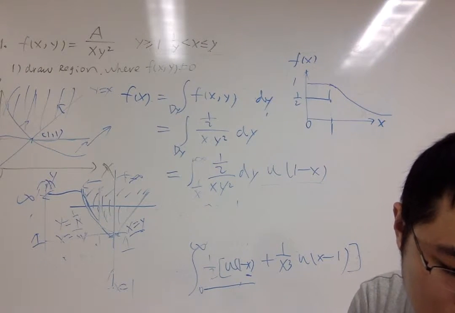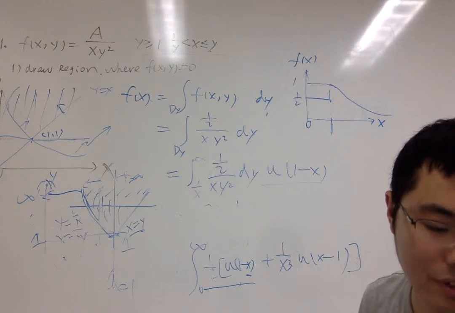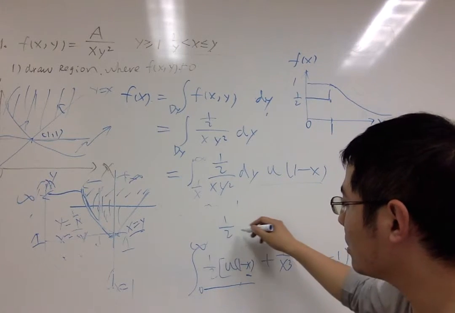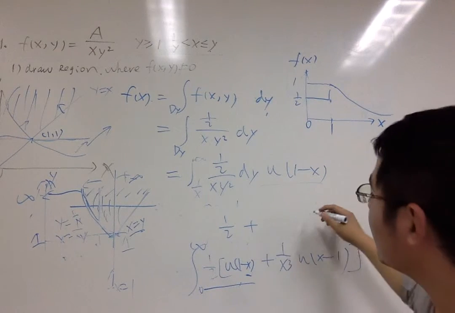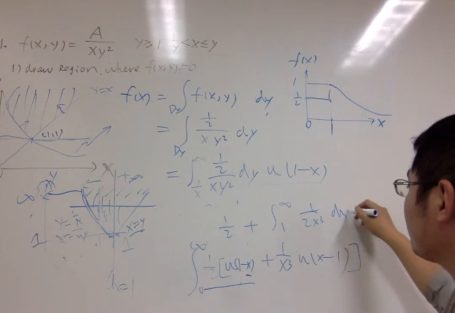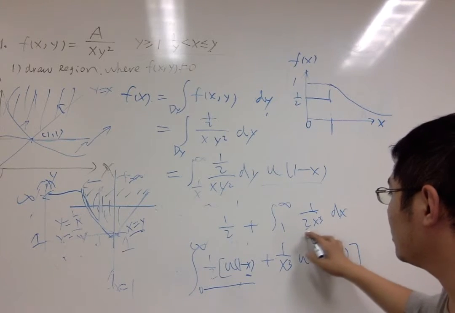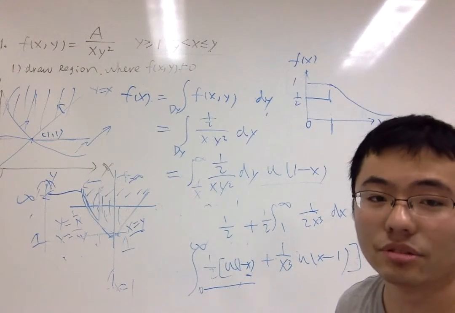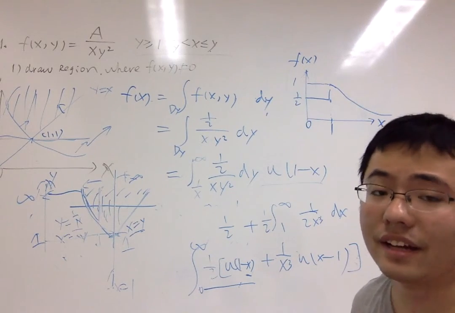From 0 to 1, this is just 1/2, and for the other part we get this. We could easily get that too. So basically, we could verify that this is a valid density function.